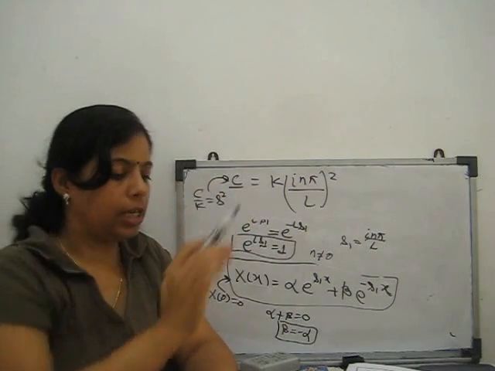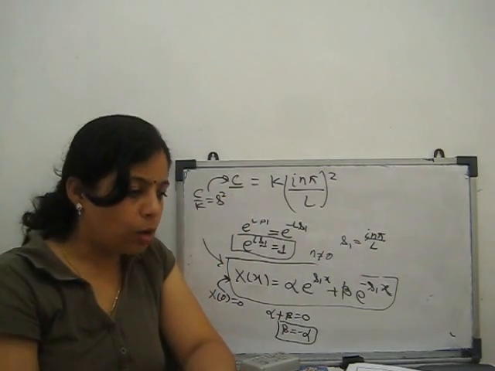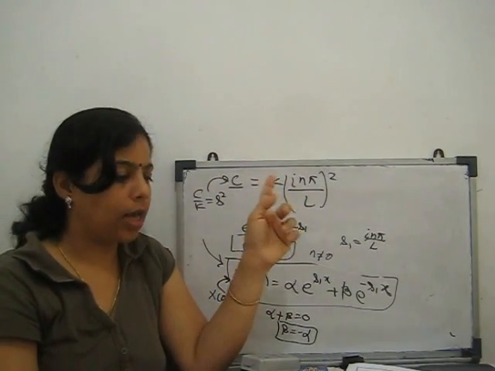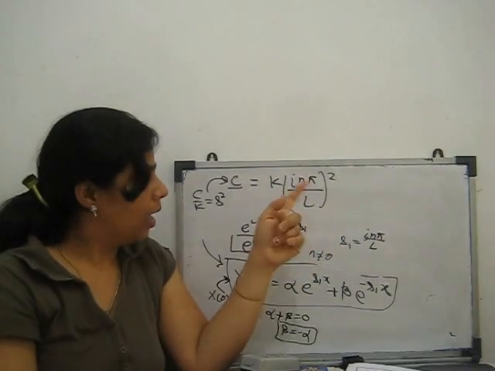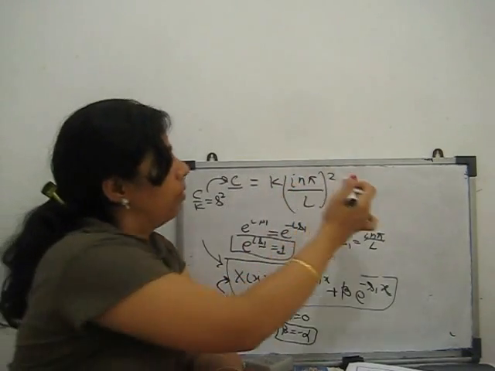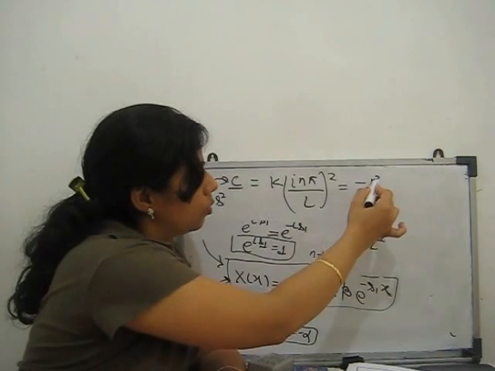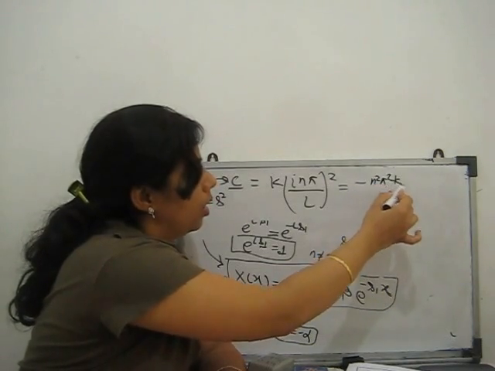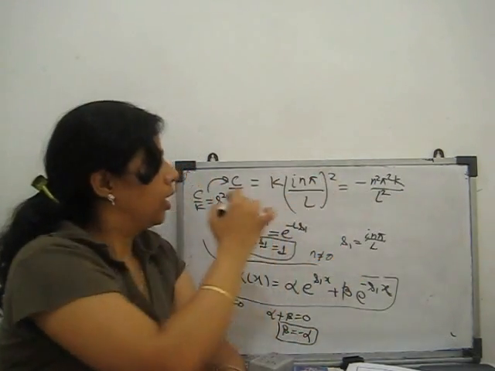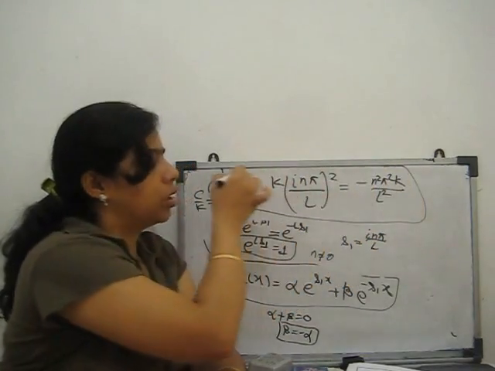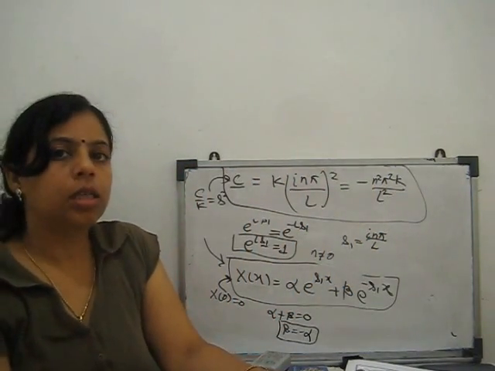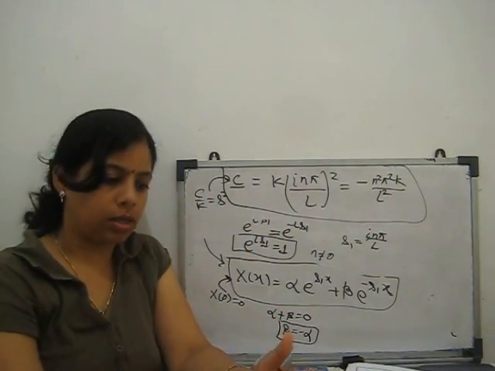So C, our value of constant, equals iota square n square pi square K by L square. Iota square gives minus 1, so it becomes minus n square pi square K upon L square, the value of constant C with the given boundary condition.